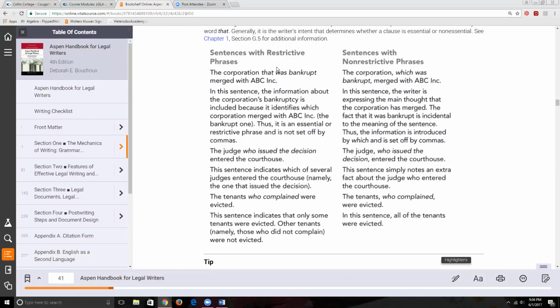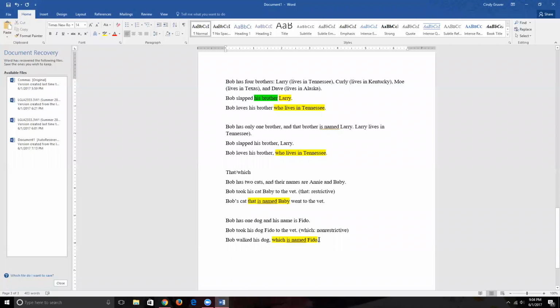Now the words that and which are used for purposes other than establishing these restrictive and non-restrictive clauses. So there are times where you will use the word which without using commas. Let me give you an example of that. Which pair of shoes will you buy?